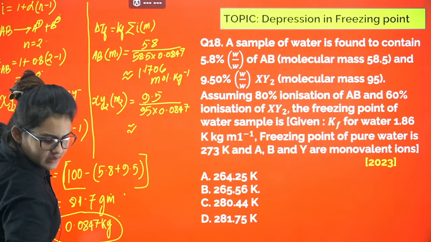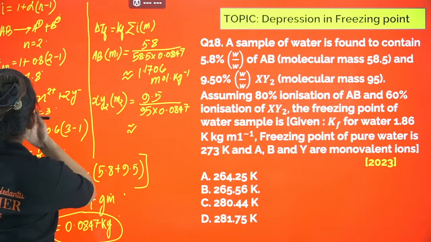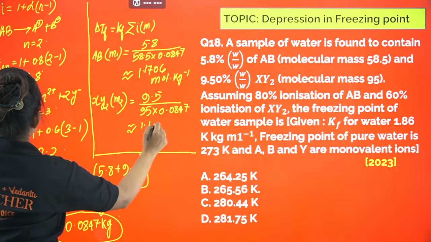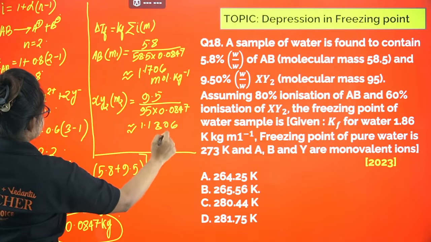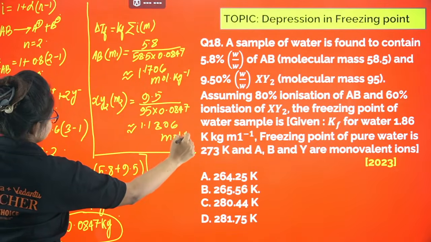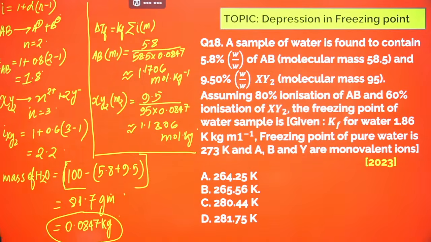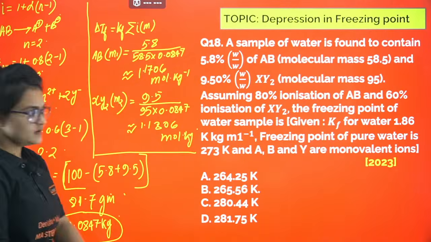If you do the calculation, you will get something like 1.1806 mole per kg. Okay, so two molalities I got. Now I will apply this formula. Okay, let's do it here.